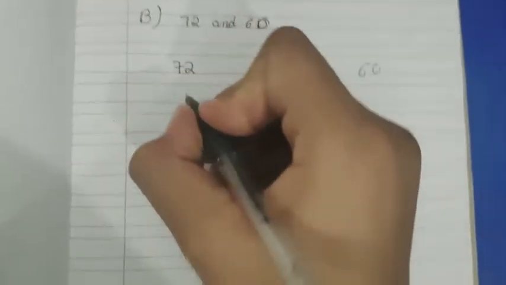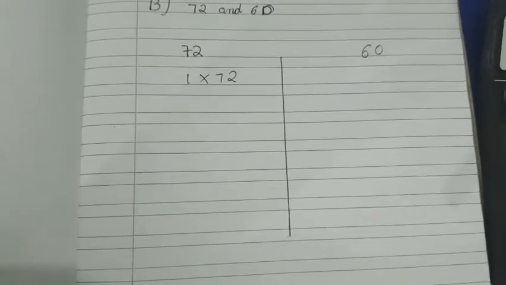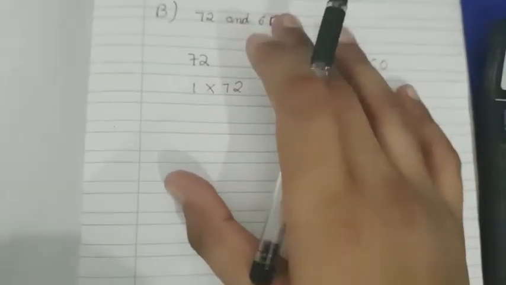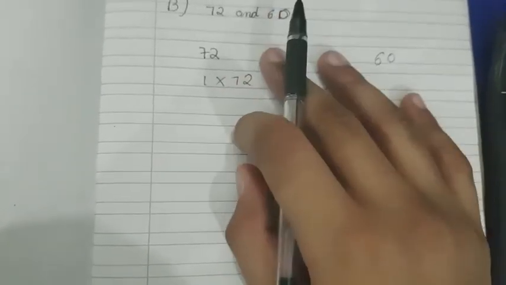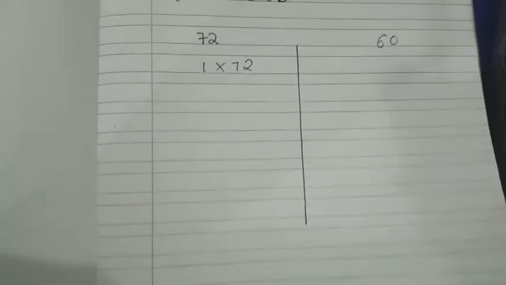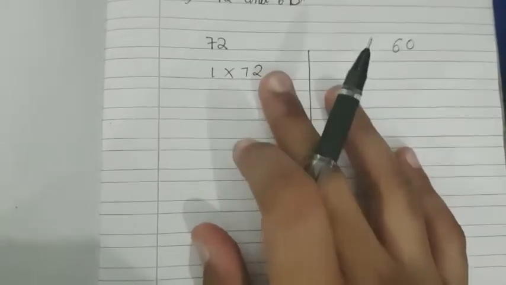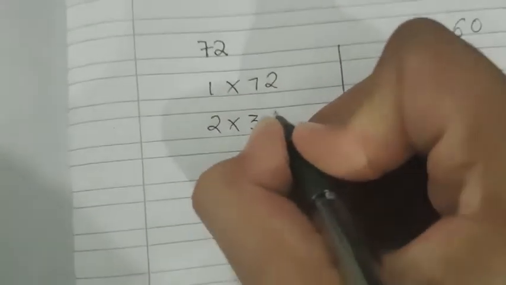So 1 into 72 is a factor, and do you know the divisibility rule of 2? Those who do not know, I should tell you that any number whose ending digit is even is divisible by 2. So this 72 is also divisible by 2, and it is 2 into 36.